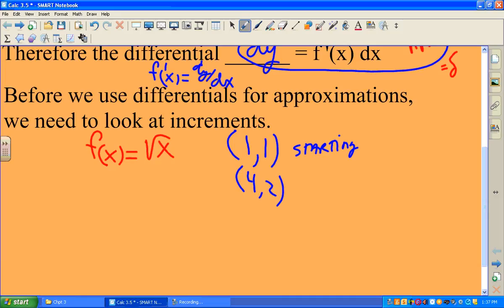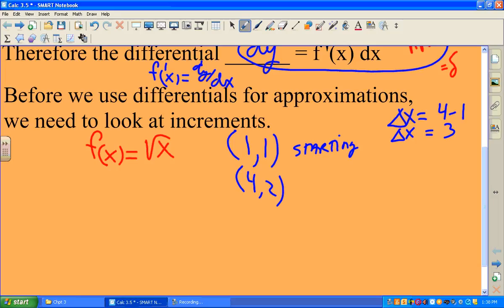So I'm starting at (1, 1), and I'm going to (4, 2). The difference between the x values is 4 minus 1, so the difference in x is 3.